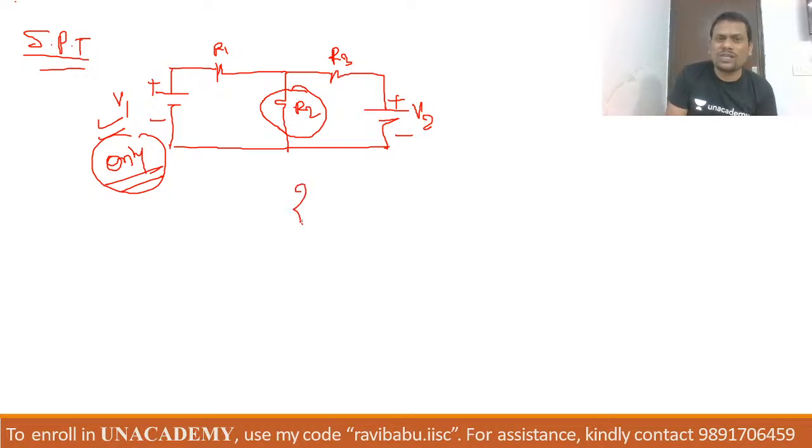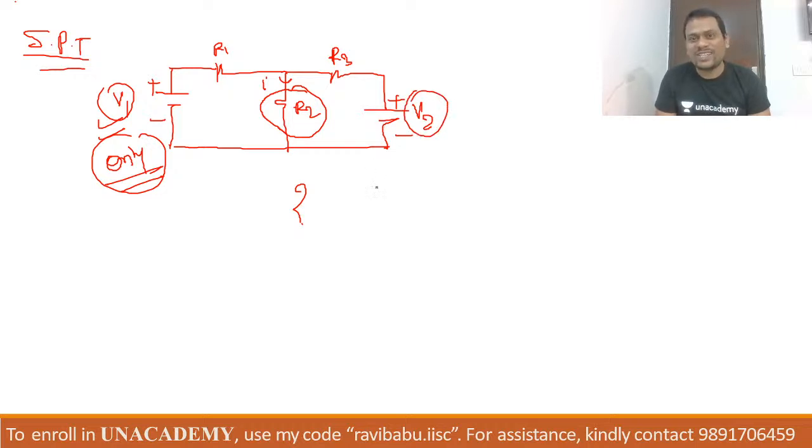But now the question arises: can we apply the superposition theorem to calculate power? Obviously not. It means whenever we want to identify the current contribution due to V1 or due to V2, we have only a single choice, and that is nothing but SPT.